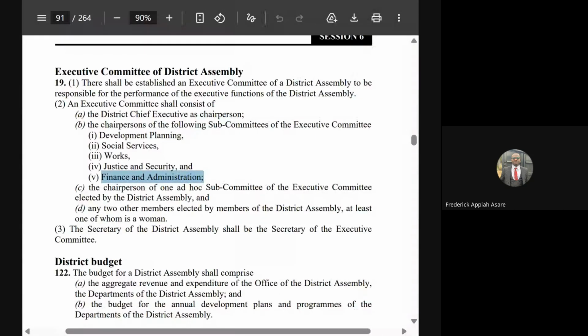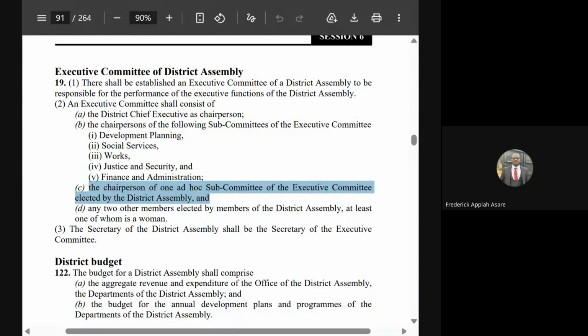Now, after that, we have the chairperson of one ad hoc subcommittee of the executive committee elected by the district assembly. Ad hoc subcommittees are committees that were set up for a particular role. They are not part of the already established committees, but they just came in to solve an issue.